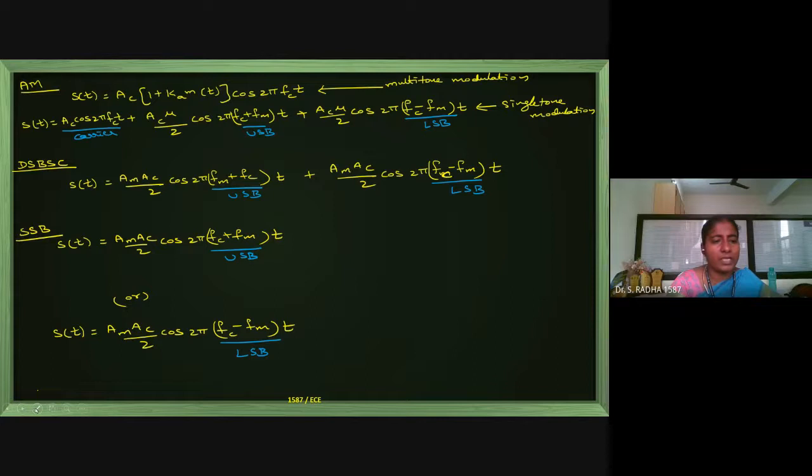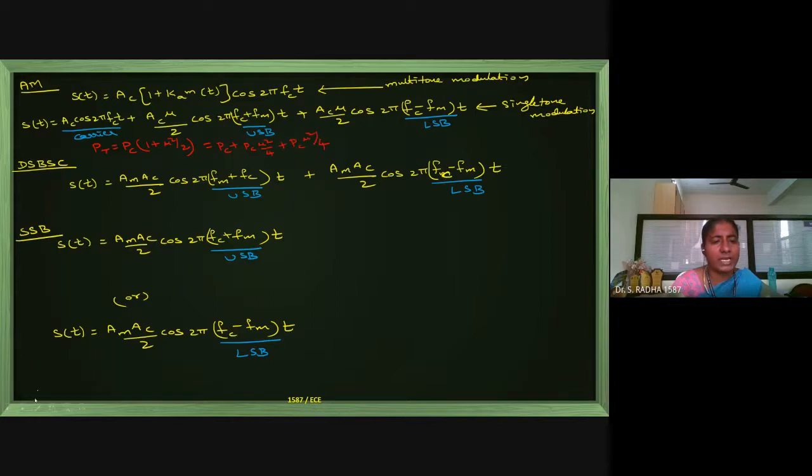If we remember the power equations in AM, the total power in AM is the carrier power times (1 + μ²/2), which is nothing but Pc + Pc μ²/4 + Pc μ²/4.